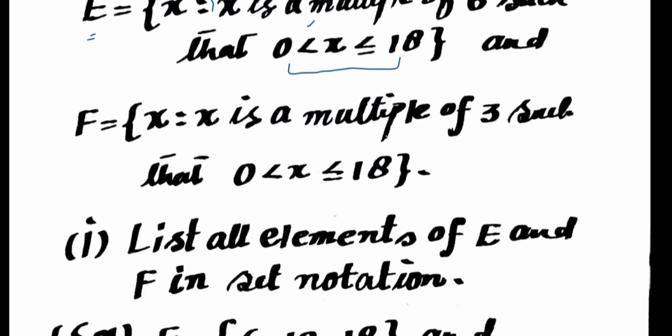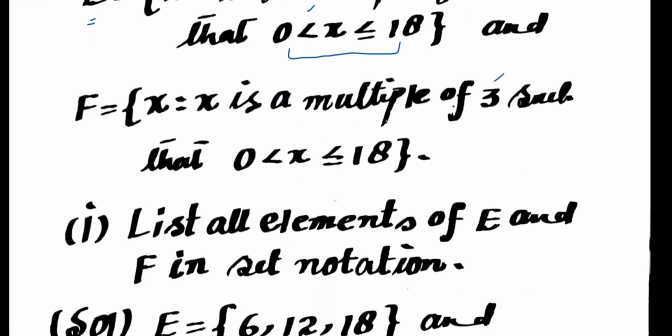And F is a set of all multiples of 3 that also lie between 0 and 18. The first part is to list all elements of E and F.